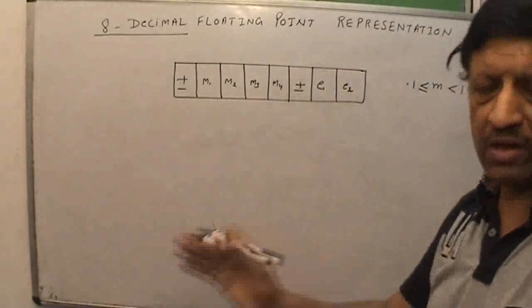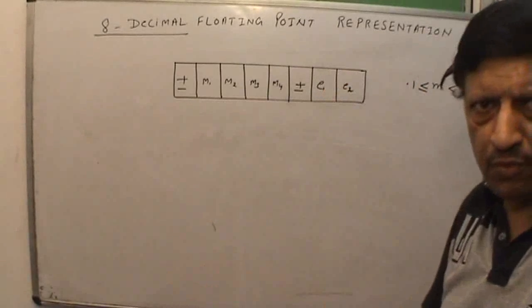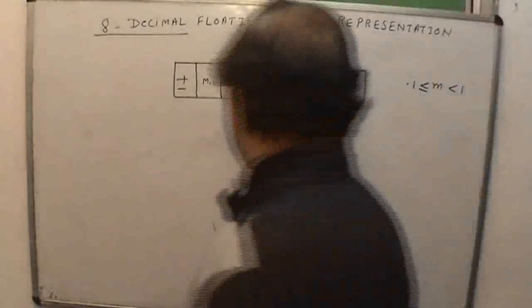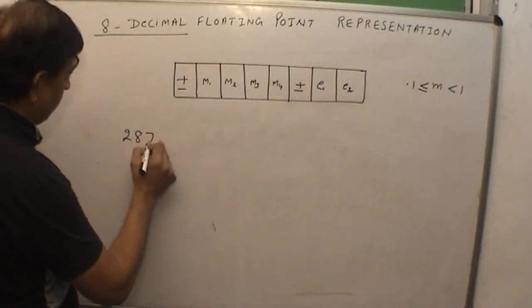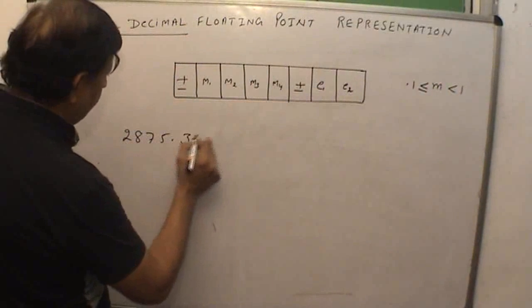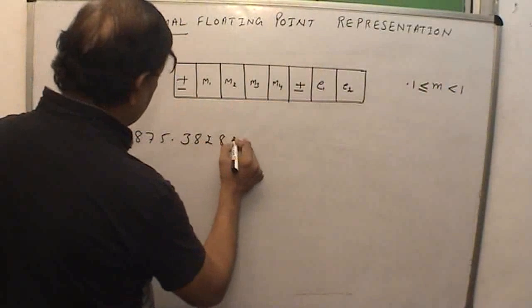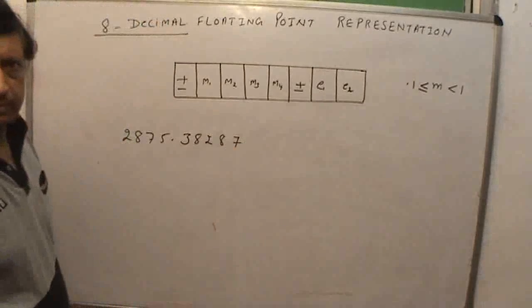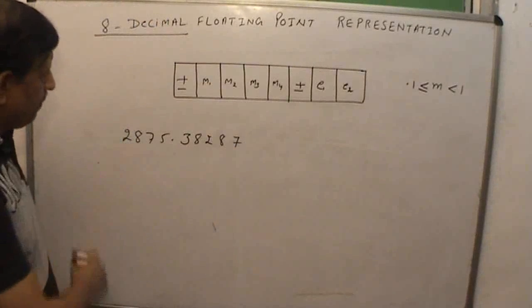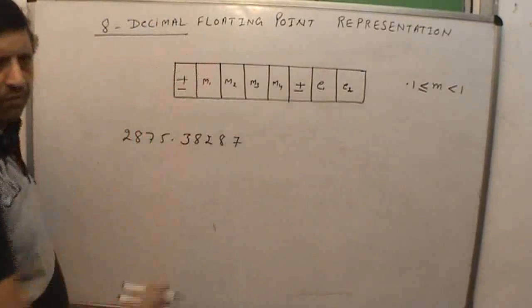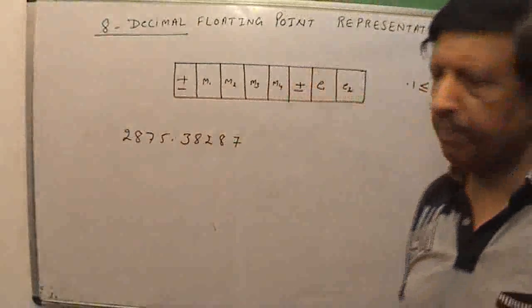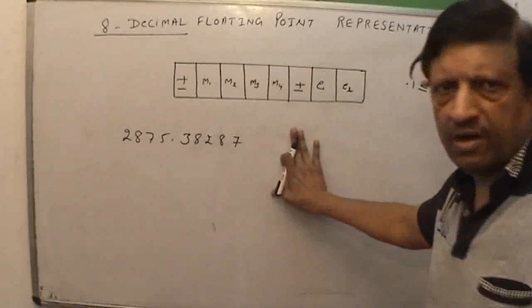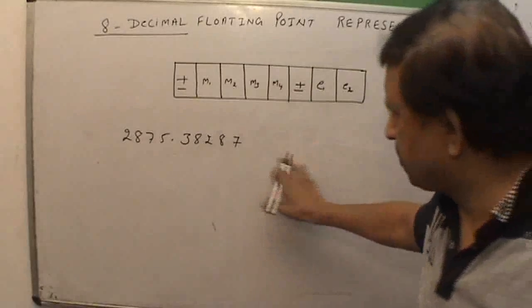Now again we repeat the same which we studied a few minutes before. Let us see. There is a figure, say 2875.38287. We want to represent it in the 8 decimal floating point presentation, which is the standard system to study arithmetic in our computer system.